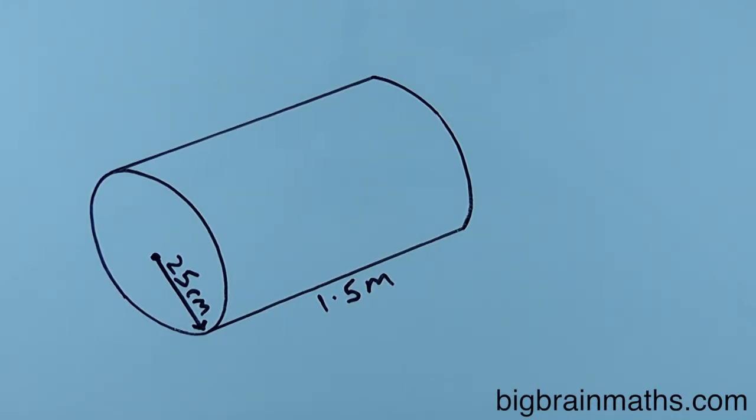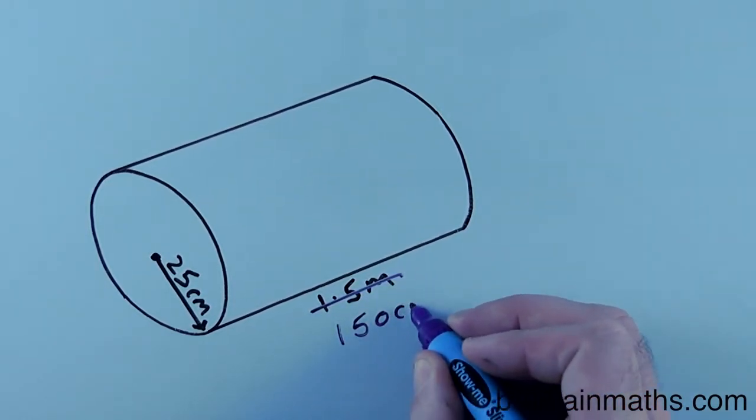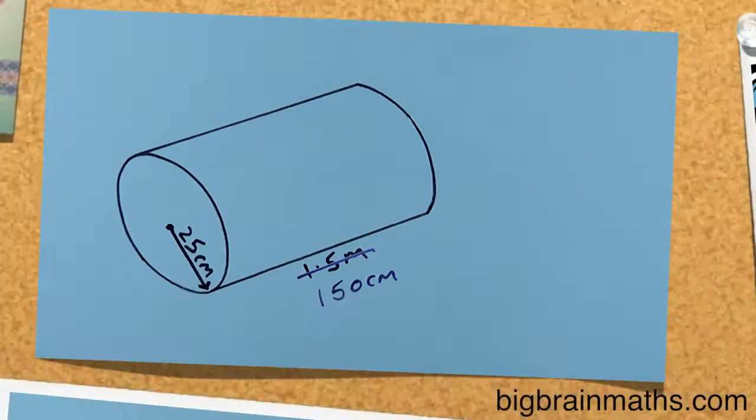So before we start this question, we would either need to change 1.5 meters into centimeters or change 25 centimeters into meters. Now I think it's easier to change 1.5 meters into centimeters, and 1.5 meters is 150 centimeters. Now that all of the measurements are in the same units, we can now complete this question.